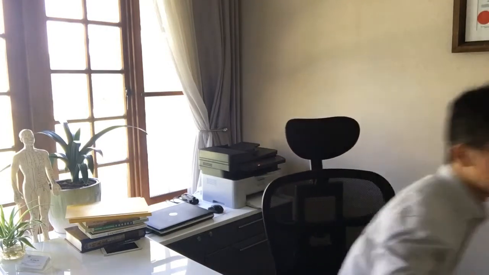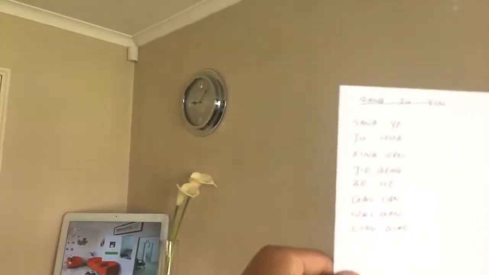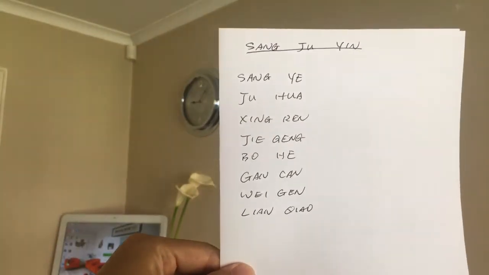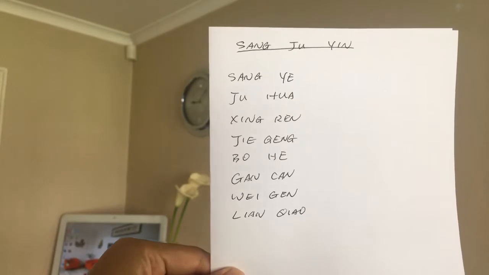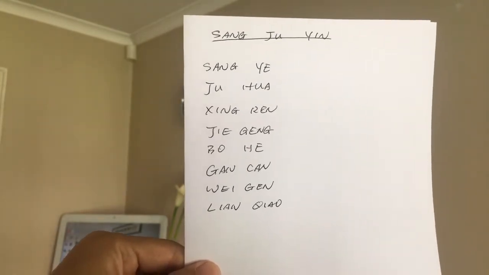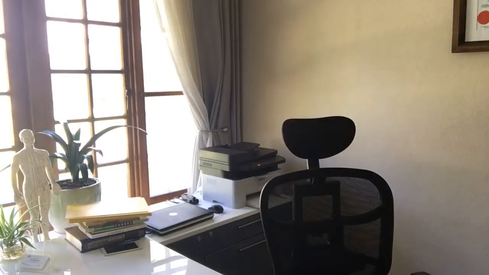So as you can see, the ingredients of 桑菊饮 are 桑叶、菊花、杏仁、桔梗、薄荷、甘草、芦根、连翘. The ingredients are kind of similar to 银翘散, but here we focus more on relieving the cough.